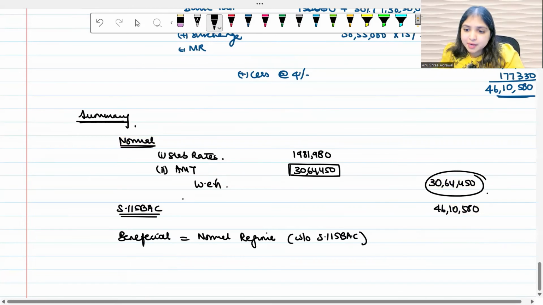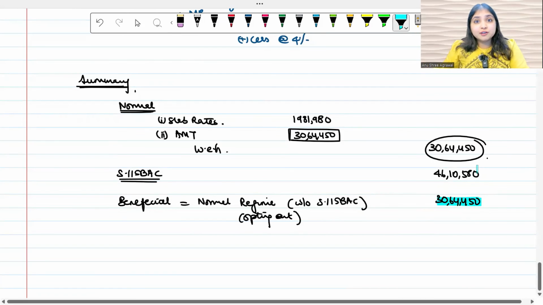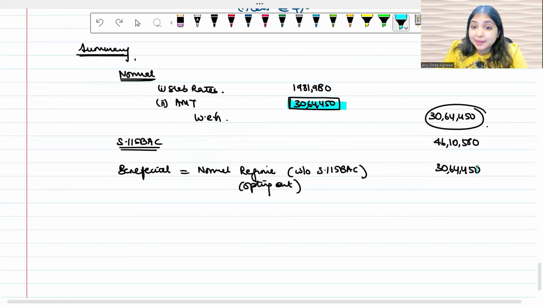This is a lesser number, guys. So you will advise your assessee that assessee, listen, you pay tax as per the normal provisions. You opt out of 115 BAC and you pay tax as per normal provisions. Opting out is going to be more beneficial for the assessee. But please notice, what is the number over here? The number is 30,64,450, which is the AMT number.